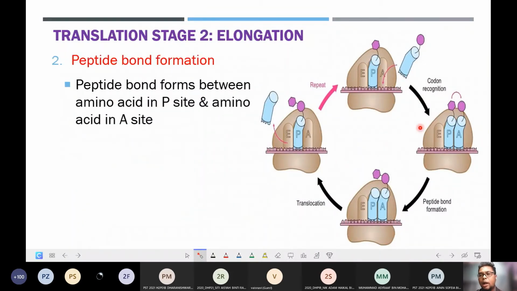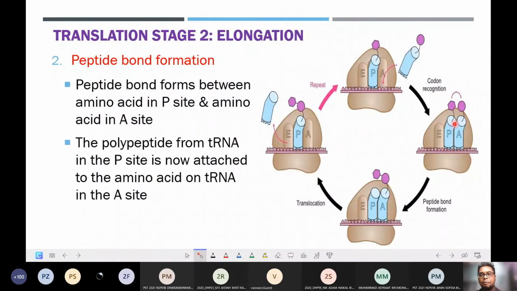Next is the peptide bond formation. In this step, a peptide bond will be formed between the amino acid in the P site and the amino acid in the A site, in which the polypeptide from the tRNA in the P site will be transferred to the amino acid on the tRNA in the A site.